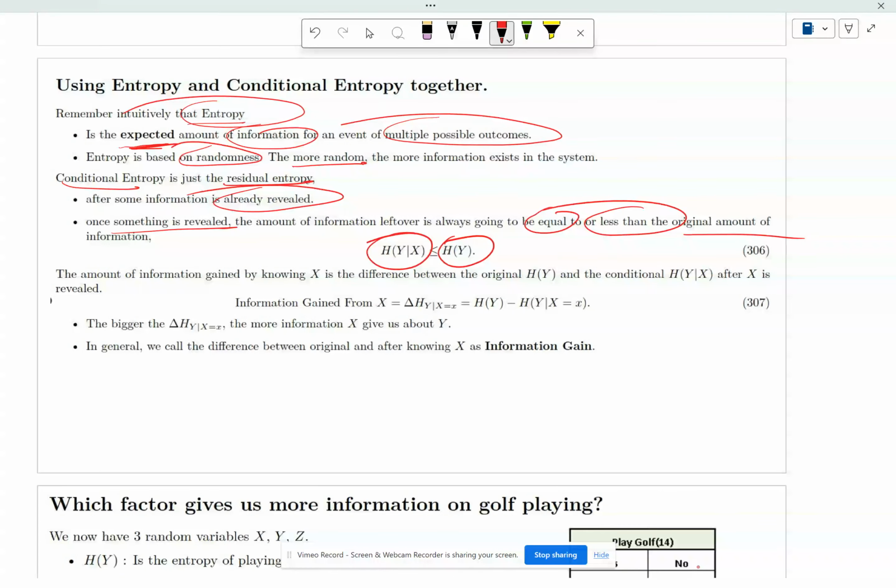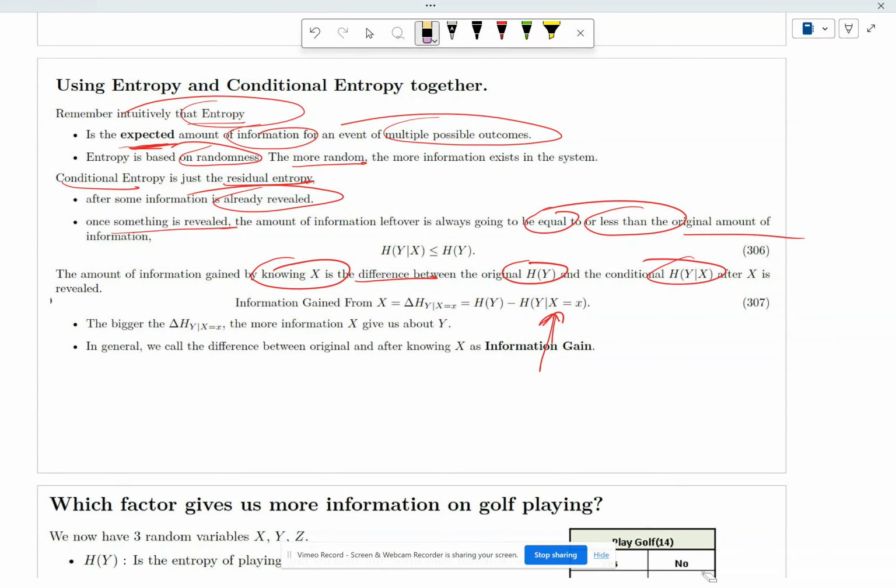The amount of information gained by knowing x is the difference between the original and the conditional. So we have the original entropy and the entropy left after x is revealed.